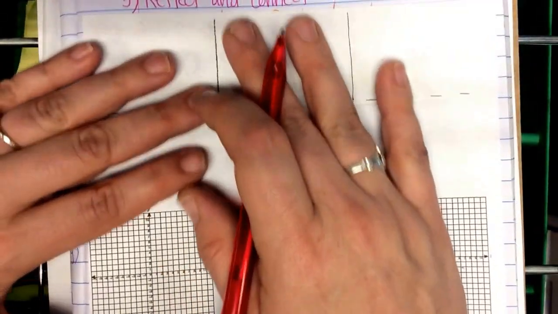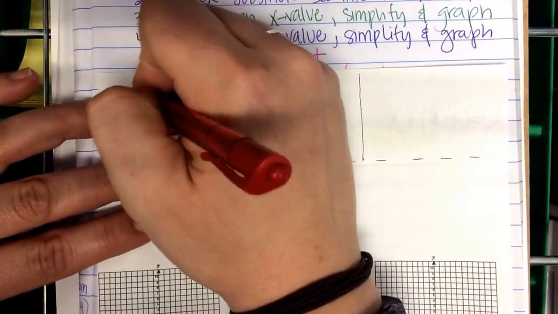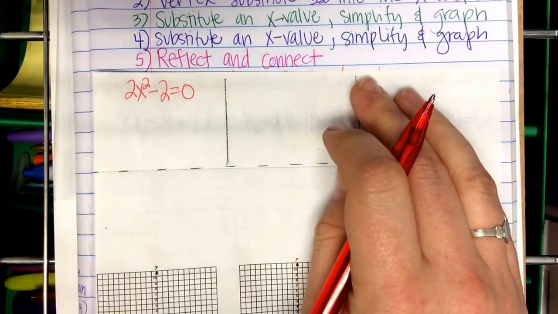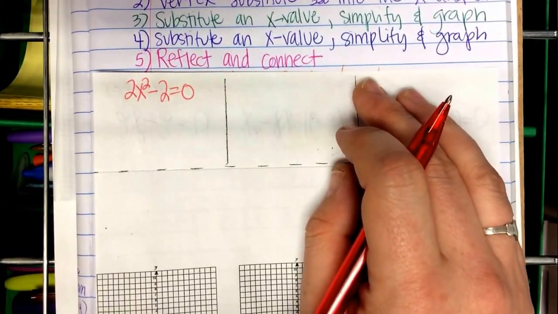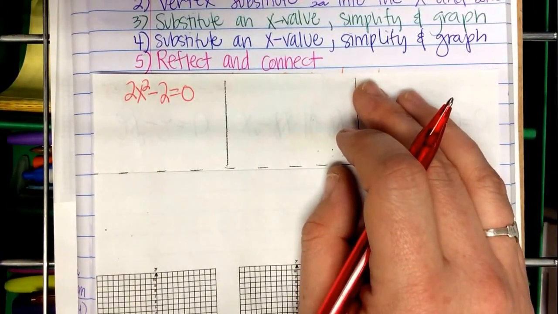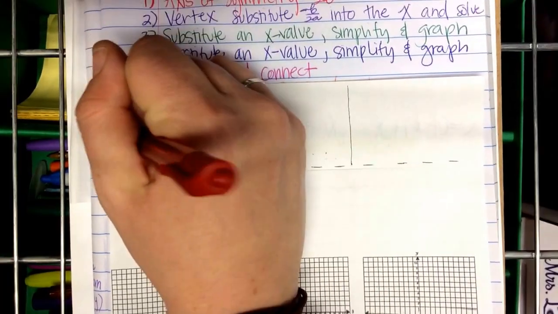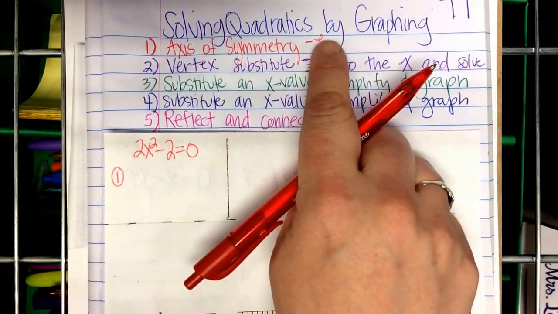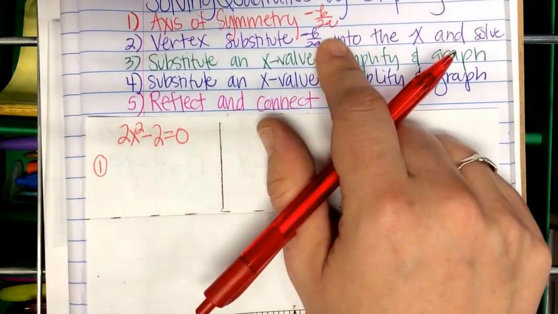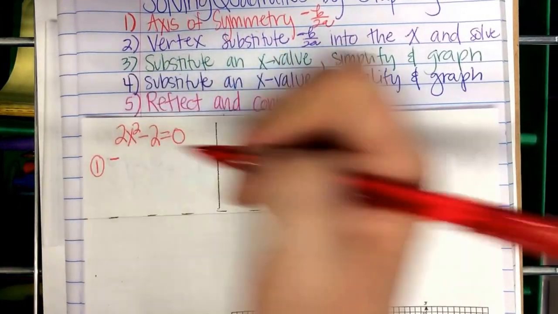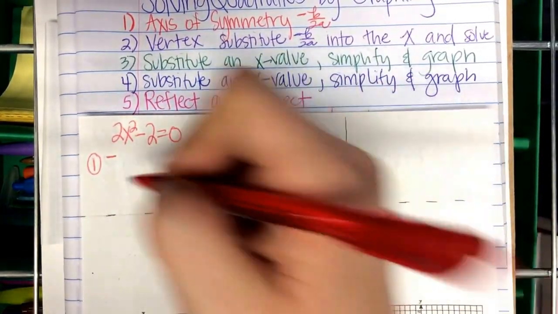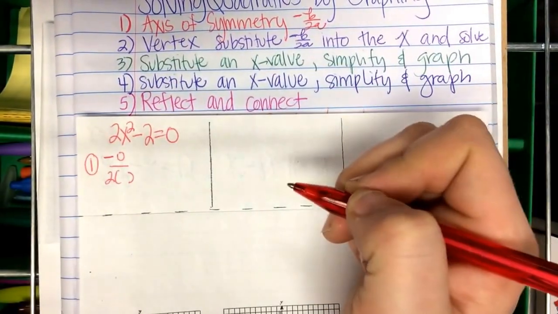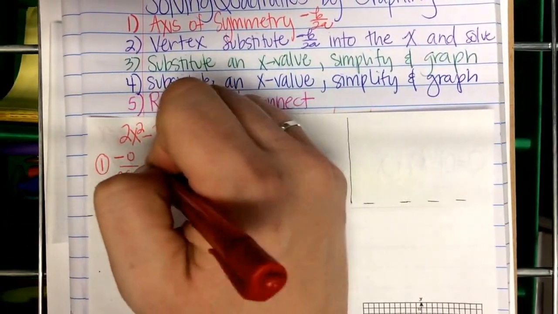Just so that you can identify, remember getting into standard form. Let's flip this open and I'm going to rewrite the problem, 2x squared minus 2 equals 0, just so I don't have to go back and forth. Christian. Step number 1. Axis of symmetry, negative b over 2a. So negative, and what was the b value? 0 over 2 times, what was the a value? 2.